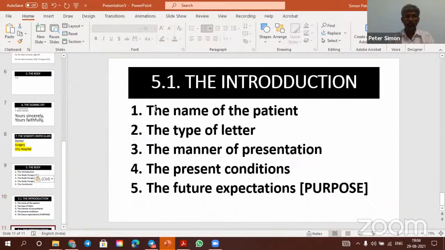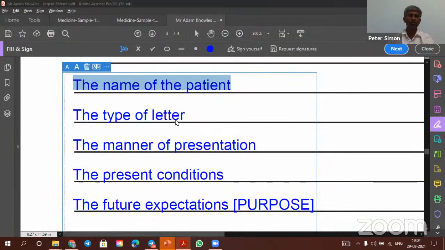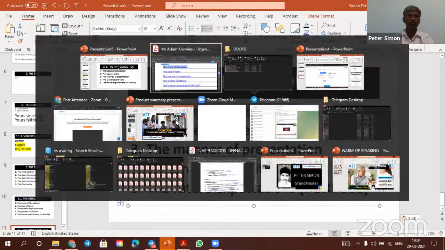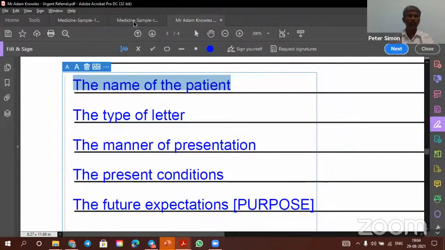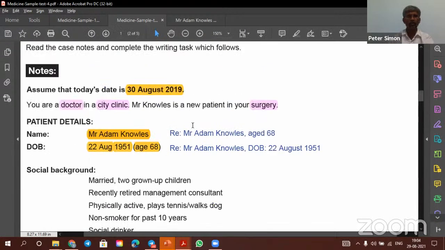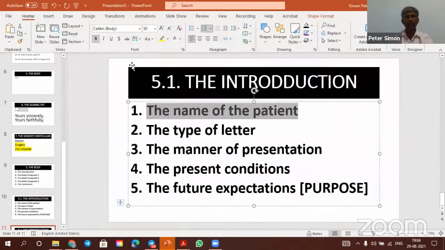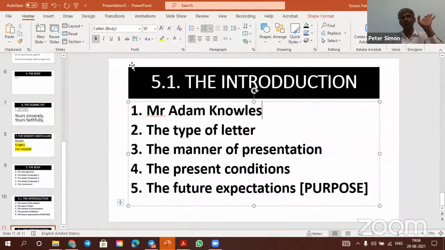What I am doing, you do the same: name of the patient. Just take from here, copy the text, and put it there. Finished. That's all. The type of the letter.